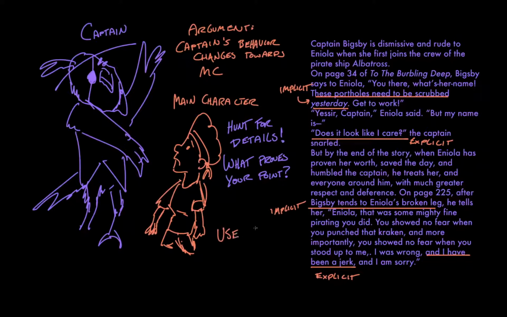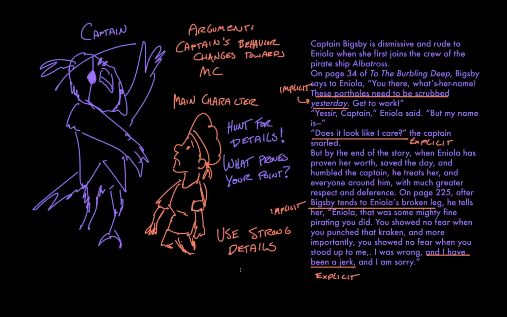Remember to use strong details to get good evidence. You know, there might be a part of To the Burbling Deep where Captain Bigsby huffs angrily at Eniola but doesn't say anything, and that's mean or at least impolite, but it's not as strong as him yelling at her. So when you find a detail, ask yourself, how does that detail relate back to your analysis or your argument?